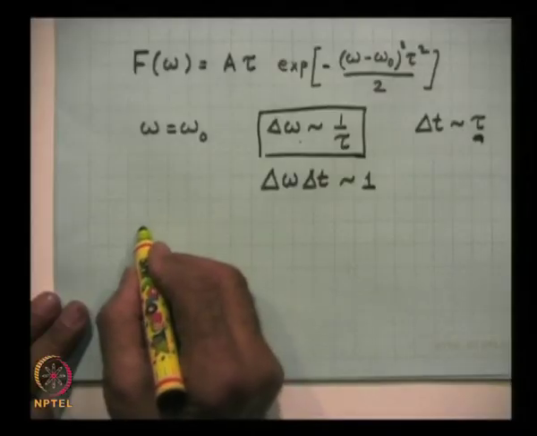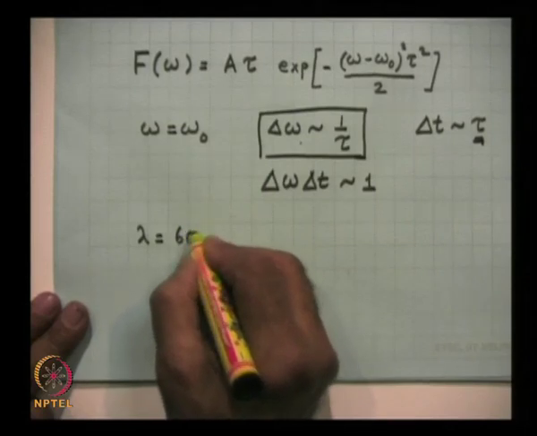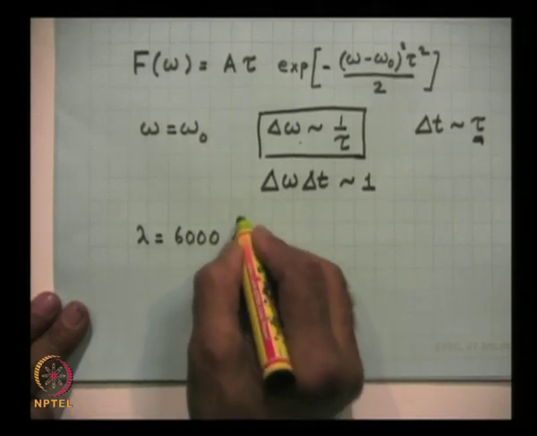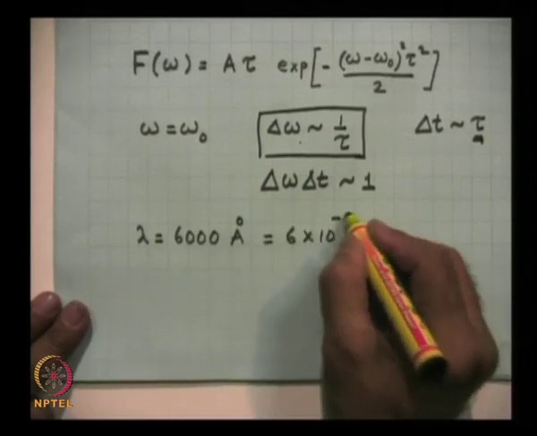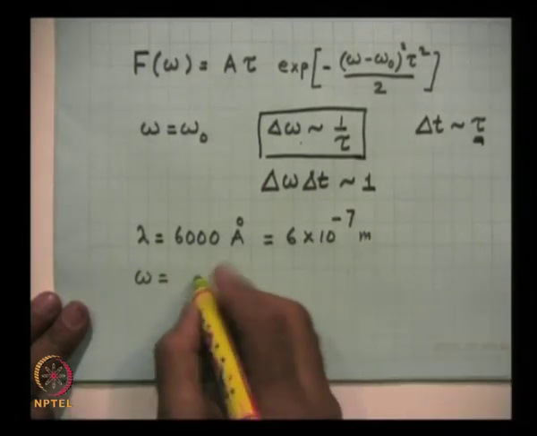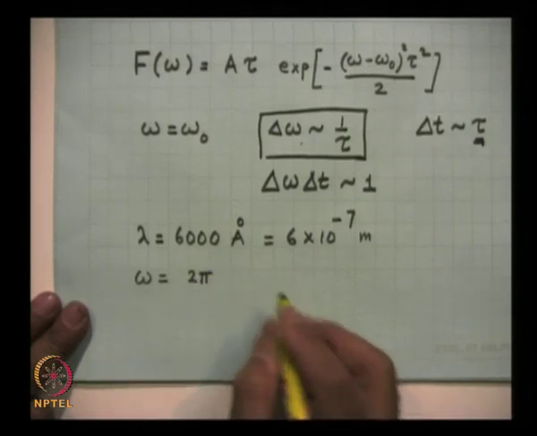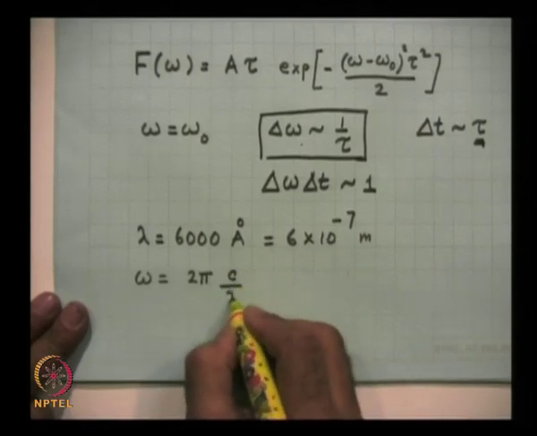And so, if you have a very long coherent pulse, then its frequency spread is extremely small. So, let us suppose that the wavelength is, say, 6000 angstroms in the yellow region. So, this is equal to 6 into 10 to the power of minus 7 meters, and omega will be equal to 2 pi times nu, where nu is c by lambda.